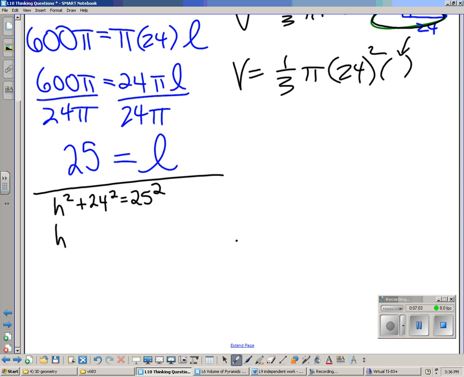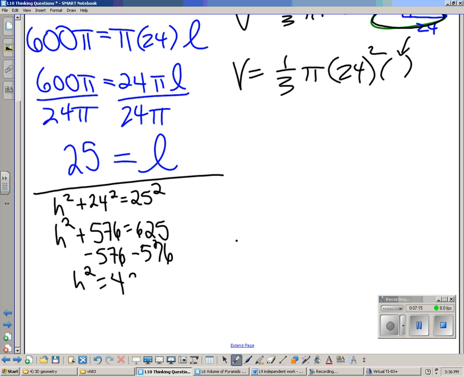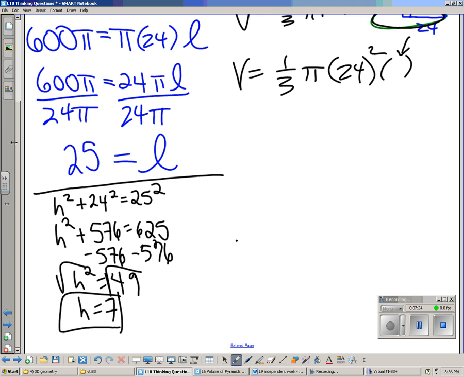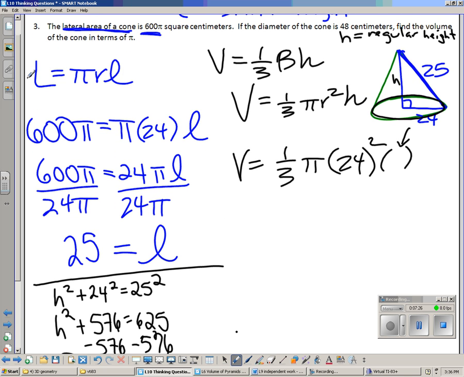So h squared plus 24 squared is 576 equals 625. Subtracting 576 from both sides, we get h squared is 49. Taking the square root on both sides, h is 7. So the actual regular height of the cone, which is what the volume formula asks you to fill in, is a 7.